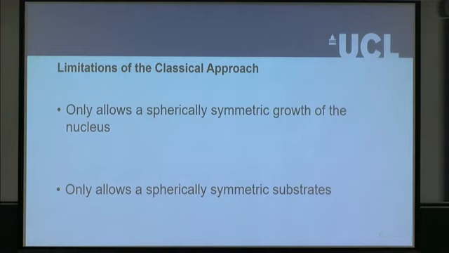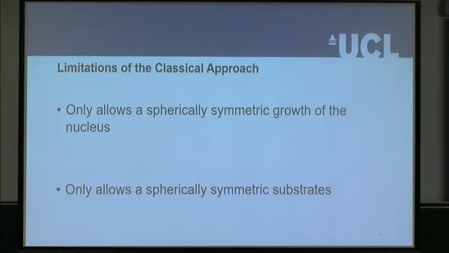Now, the limitations of the classical approach are mainly two. There is a limitation regarding the growth of the nucleus. I only talked about a single variable, the radius of the nucleus. So classical nucleation theory only allows for a spherically symmetric growth of the nucleus, which is not really a big problem by itself.